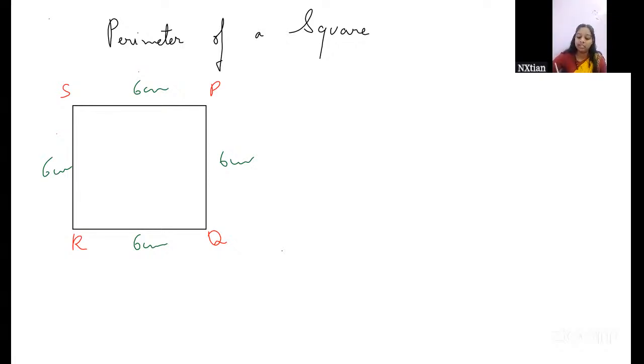So that is the formula for the perimeter. Perimeter of a square is 4s, or side into 4, or 4 into side. Any way you can write, right? Now, let's take a look at a question.